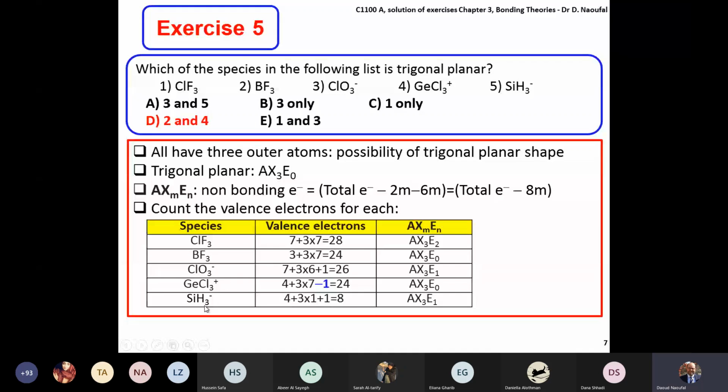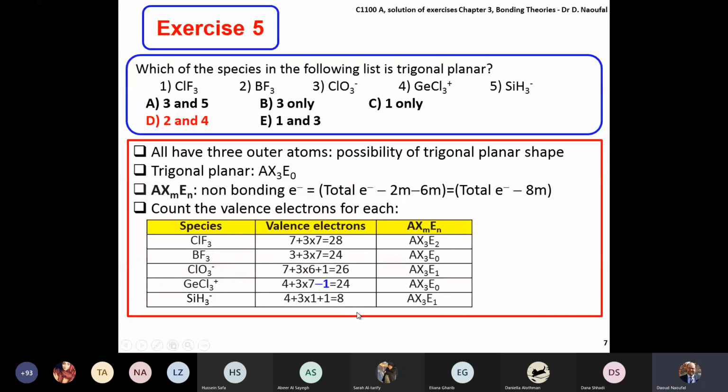SiH3 minus: the total valence equals 4 plus 3 times 1, and we have 1 minus, it's anionic, so in total 8. Find now N: 8 minus 3 times 2, because hydrogen follows the duet rule, so we obtain AX3E1.